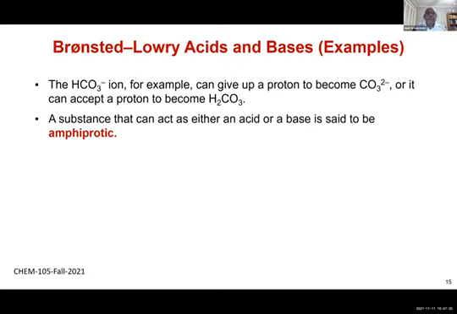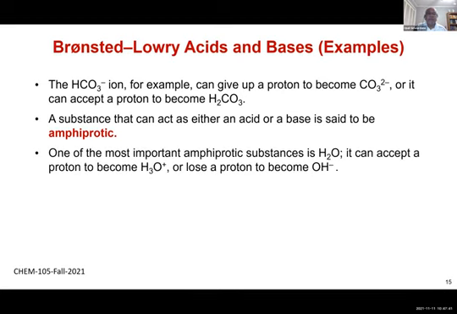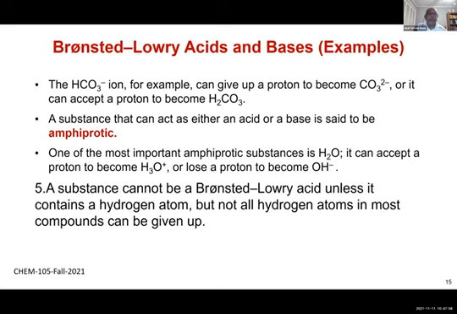An example is the bicarbonate ion. Hydrogen phosphate ion also can be. One of the most important amphiprotic substances is water. Water can accept a proton to become hydronium ion, or lose a proton to become hydroxide. So bicarbonate and water are amphiprotic.